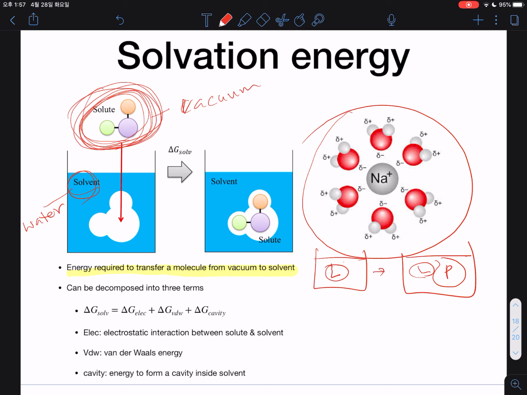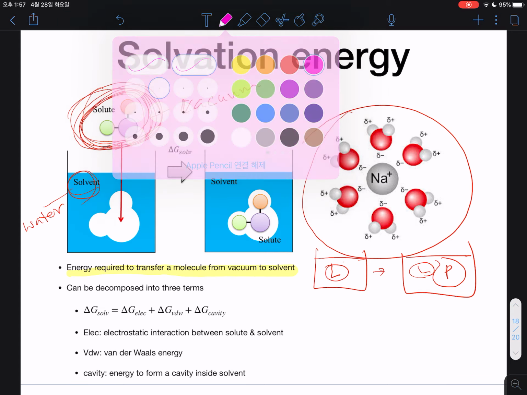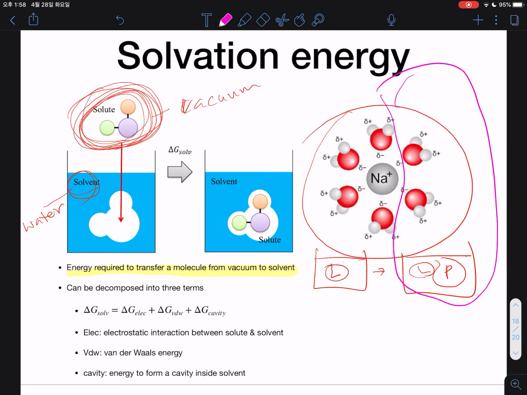Let's imagine that this one is bound with a protein. Then it should lose its interaction with water, but instead, it should form interaction with the protein. If the new interaction with the protein is stronger than the lost interaction with water, then this molecule will prefer to bind with the protein.